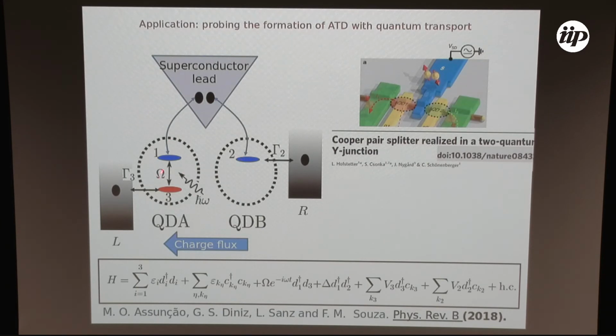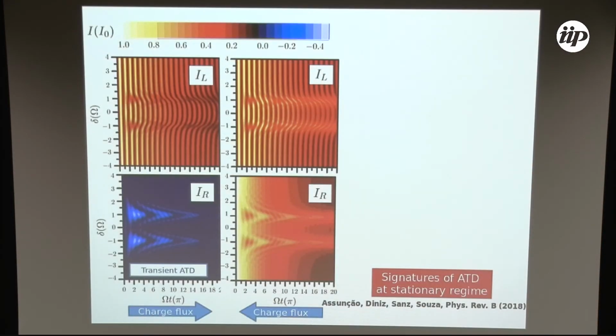There is also in dot 1 a valence band, and you can promote electrons from the valence band to the conduction band in order to dress this state here. When we calculate the current using density matrix formulas, we show the following.